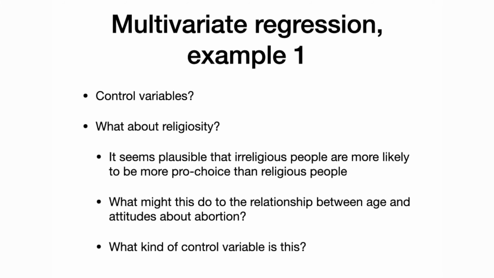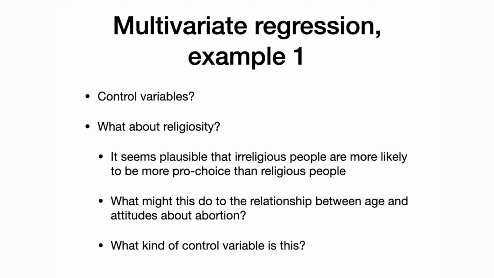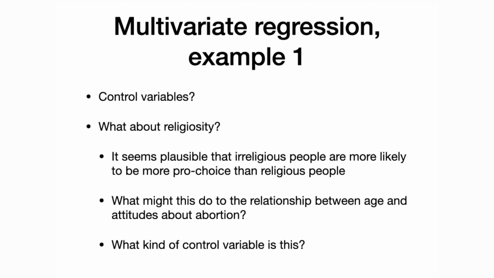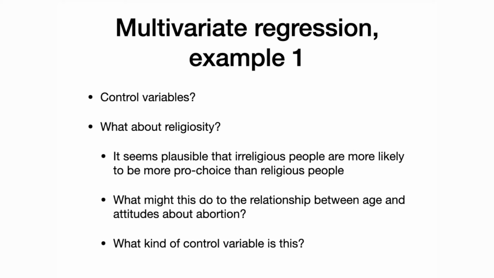And so one of the control variables I want to propose is this idea of religiosity. It seems plausible that the more religious somebody is, the more likely they are to be anti-choice, and the more not religious someone is, to the point where they're just like, religion is not important to my life at all, they're probably going to be more likely to be pro-choice.